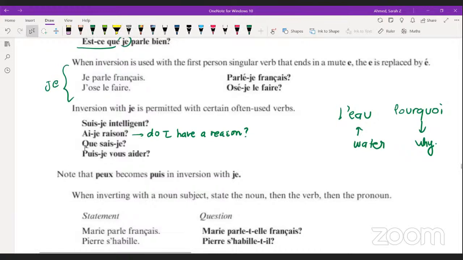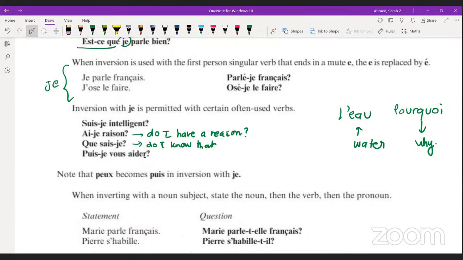Okay, and then que sais-je? Do I know that? And then puis-je vous aider?